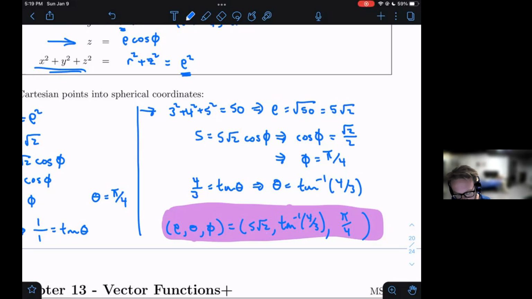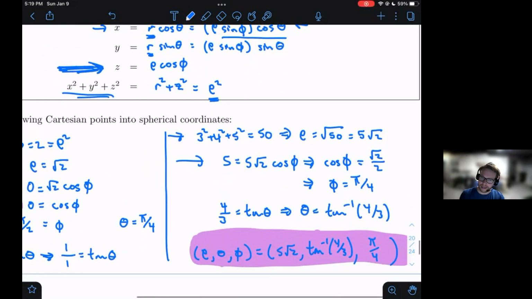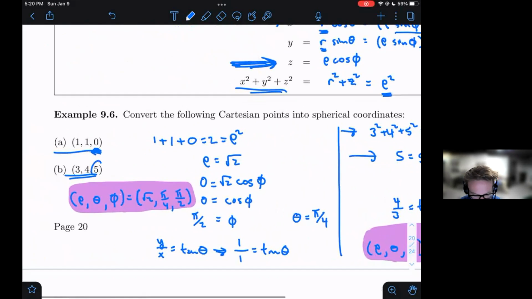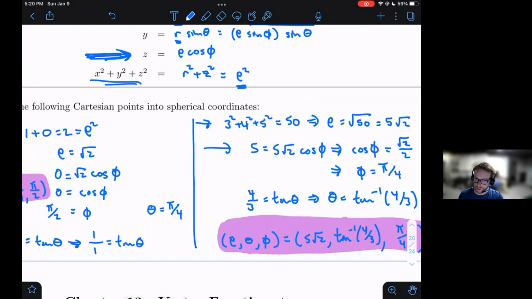That becomes helpful. We next use our z equation here. Our z equation said that z is supposed to be equal to rho cosine of phi. So we're using this one right here. We now know what our z is. Of course, that's 5 from the statement of the problem over here. We know that rho is that 5 root 2.